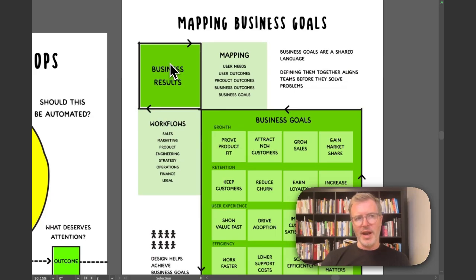These mapping components, user needs, user outcomes, product outcomes, and business goals, are a framework for creating alignment so that people can see that there are activities happening in each one of these things, and there is some result that is driving that business result.